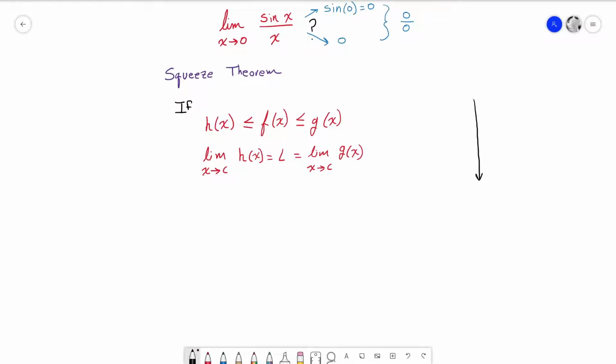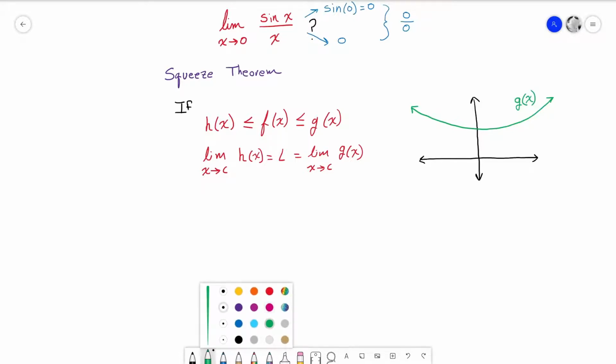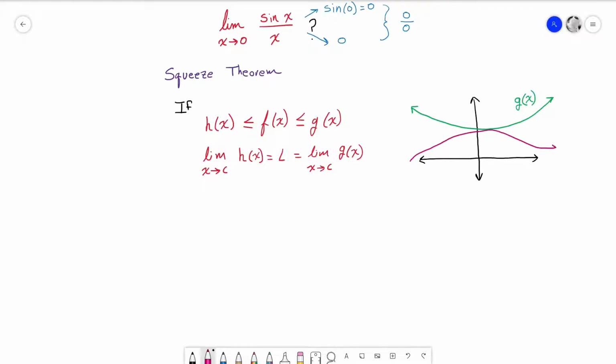And over here, I'm going to show you graphically what's going on. So in green, you can see that we're going to call this upper function g of x. Then in this magenta color, we're going to call the lower function h of x. And the function that we're interested in is this black curve here.